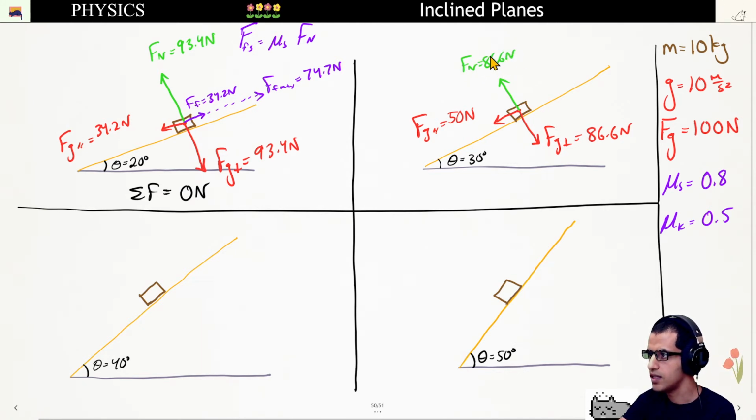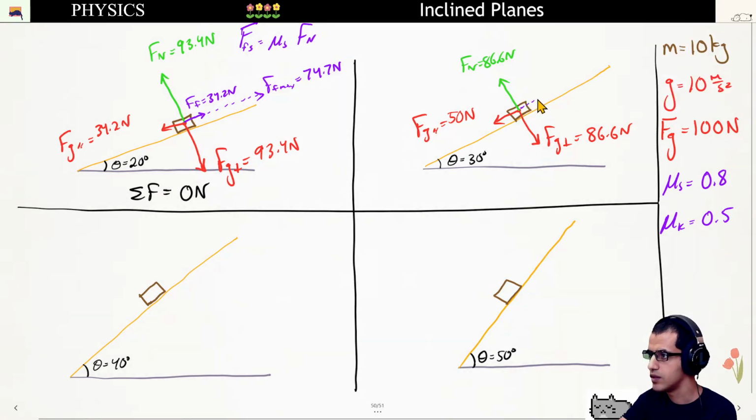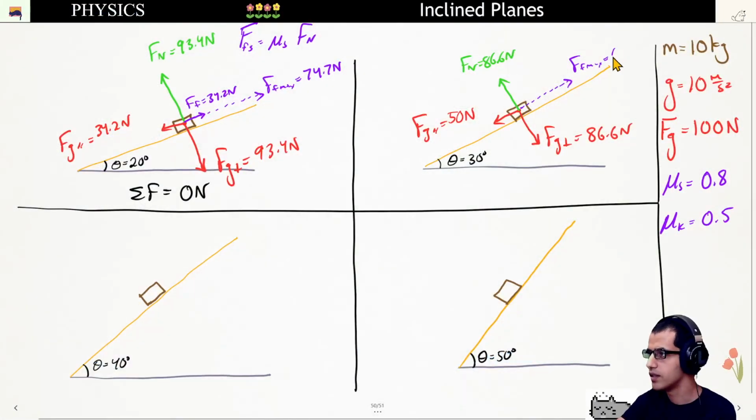This then determines my maximum force of static friction. So force of friction max will be equal to 86.6 times 0.8 like we did before. And we get a maximum force of 69.3.